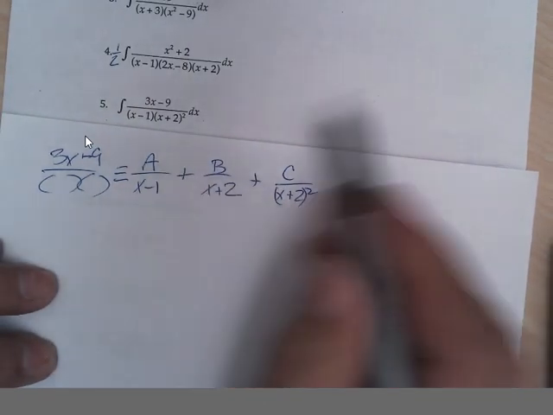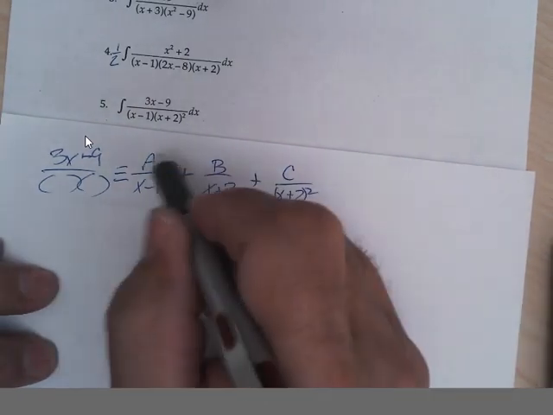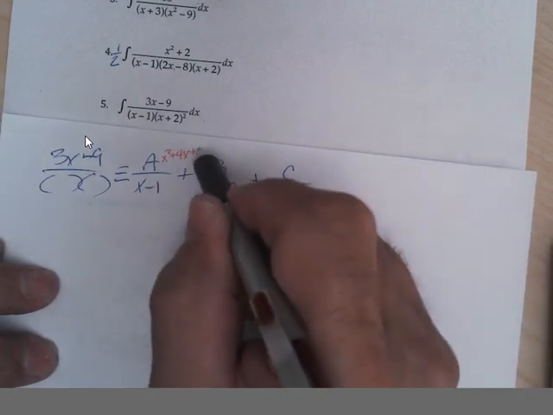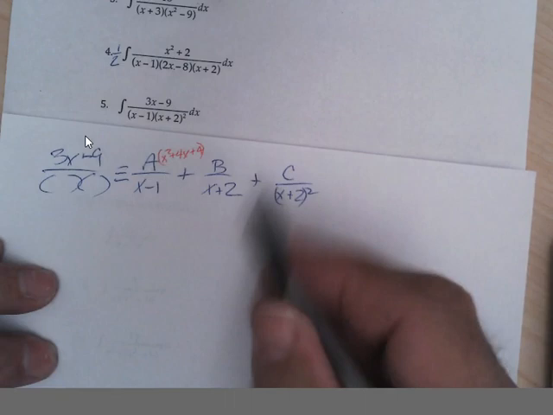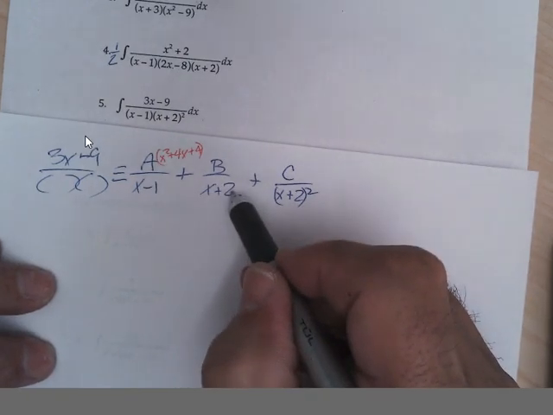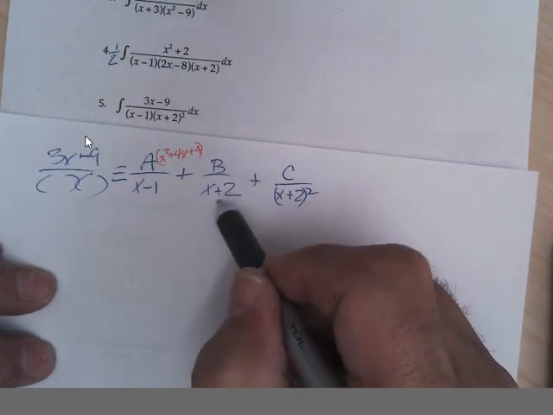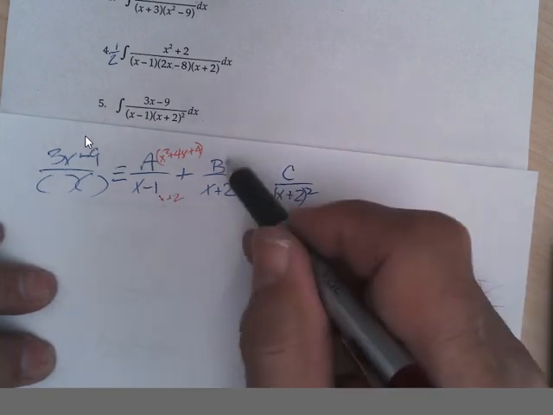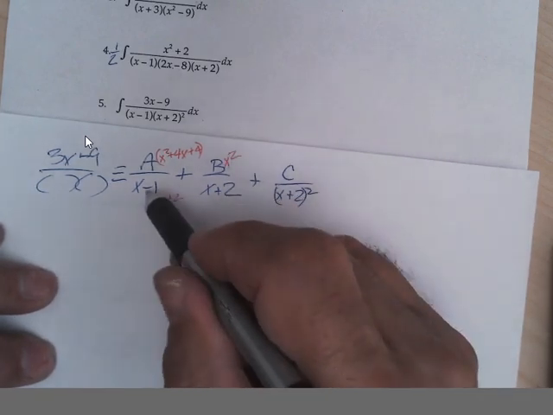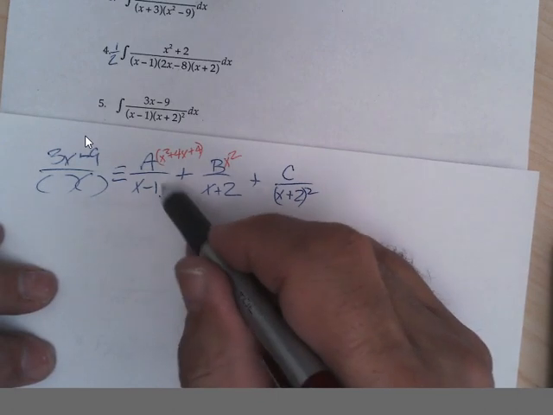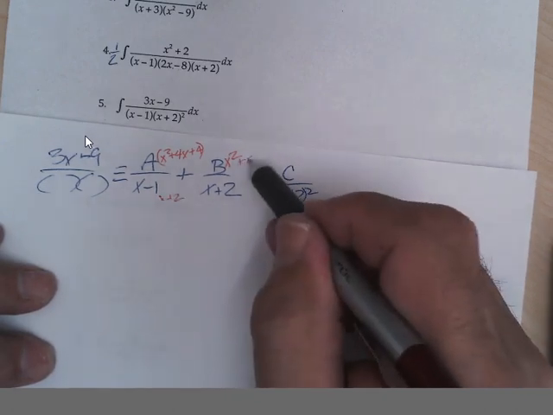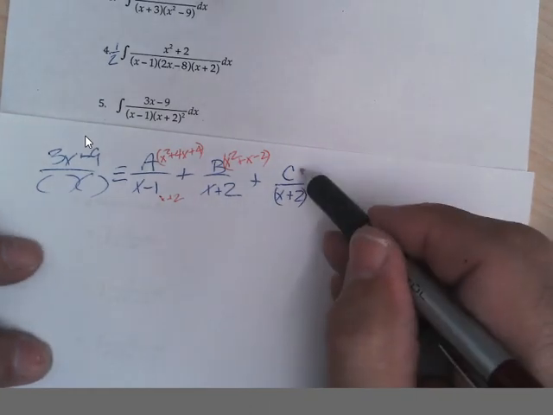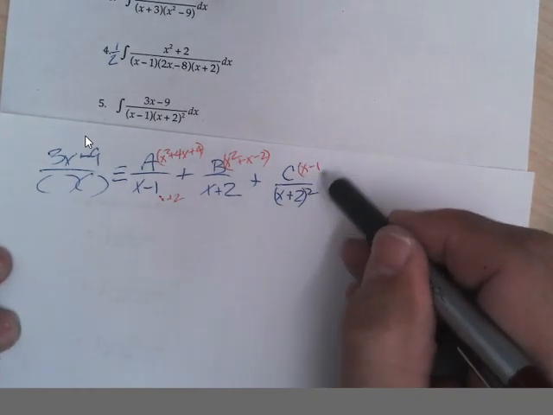This one needs to be multiplied by x plus 2 squared, so that's x squared plus 4x plus 4. This one needs to be multiplied by an x plus 2 and an x minus 1, so that's x squared plus x, 2x minus 1x is plus x, and minus 2. And this one I'd have to multiply by an x minus 1.